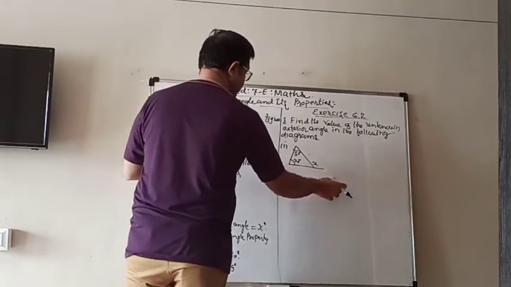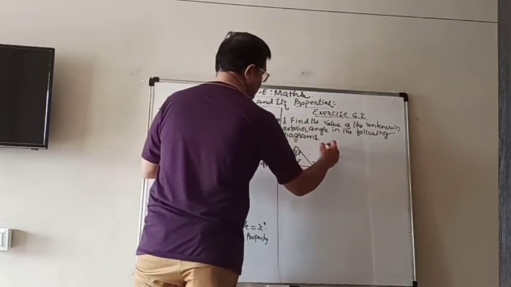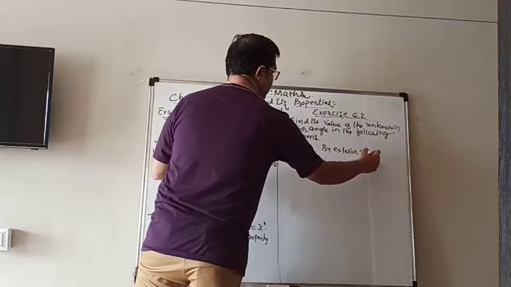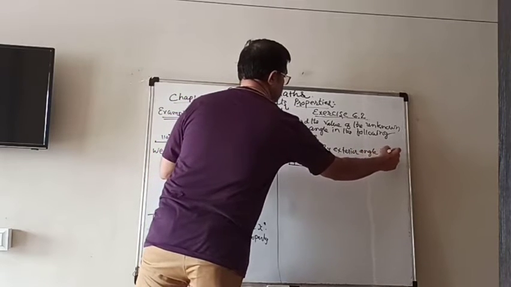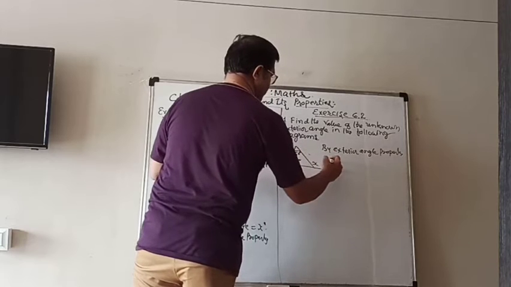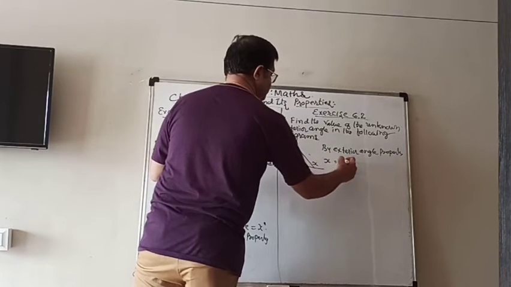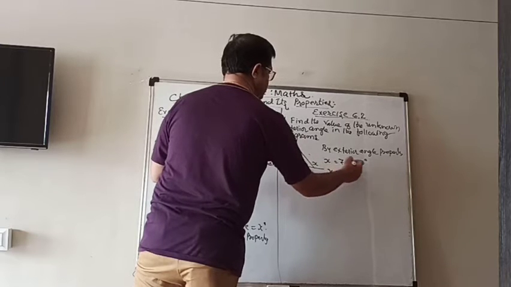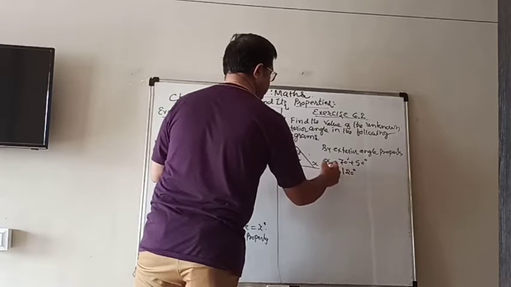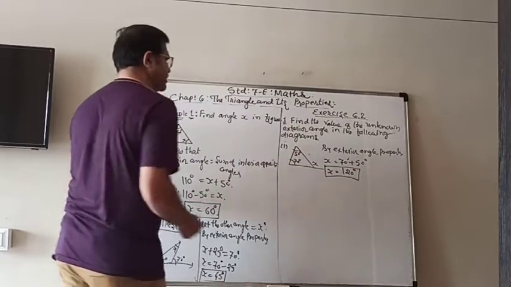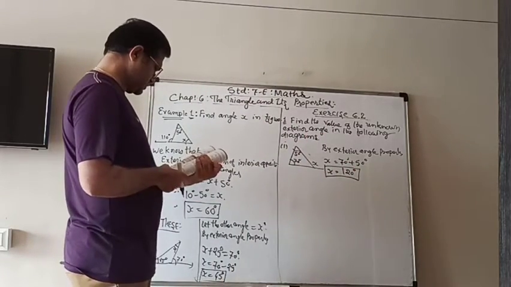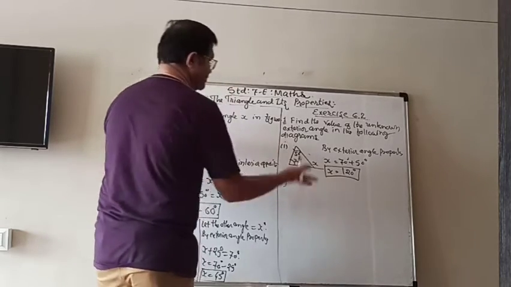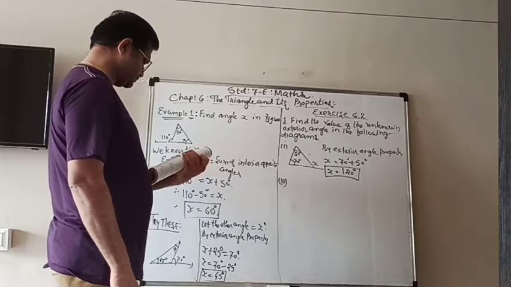So now, same way we have to do it by exterior angle property. We know that exterior angle is equal to sum of interior opposite angles. So 120 degree. Very, very simple to do. Let's take the third one. The remaining you have to do for your homework.